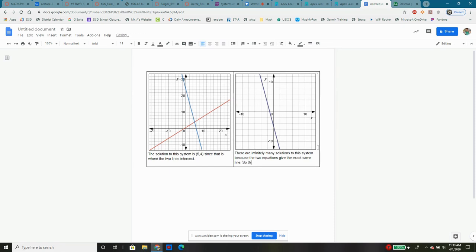So the lines intersect infinitely many times, something like that. It would make it a little nicer, I think.